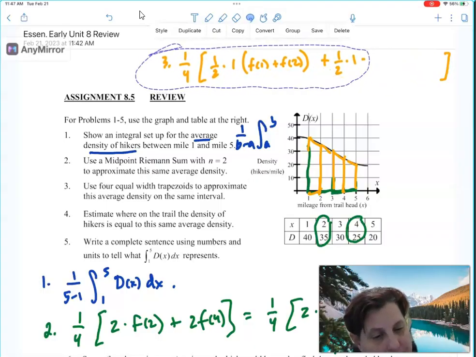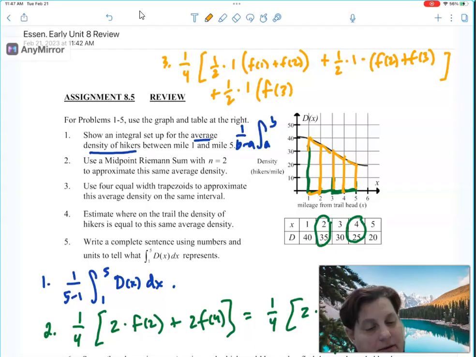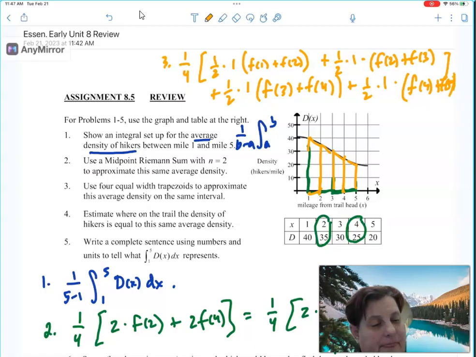Definitely going to need some more room here. The next trapezoid is 1/2 base, and then it's f of 3 plus f of 4. And then the last one is 1/2 base, and then it's f of 4 plus f of 5.